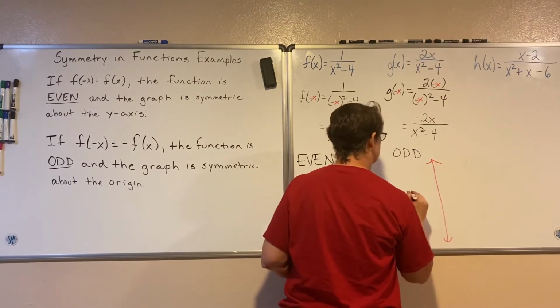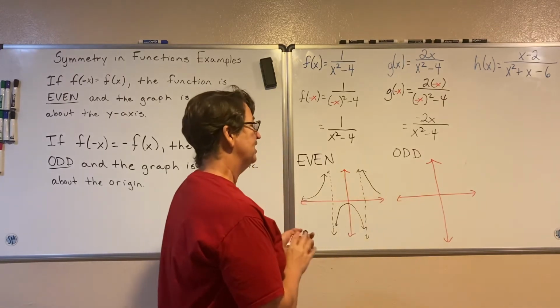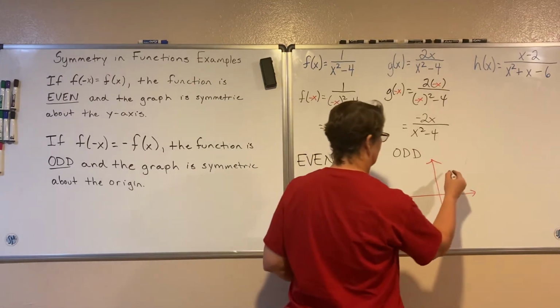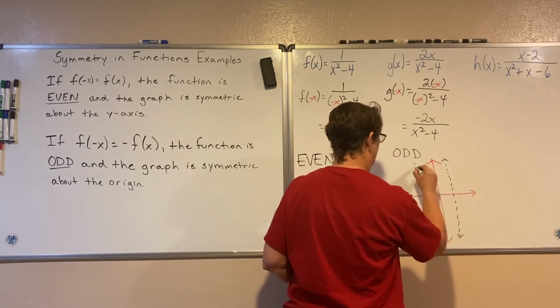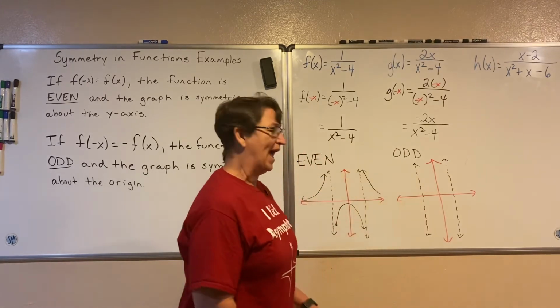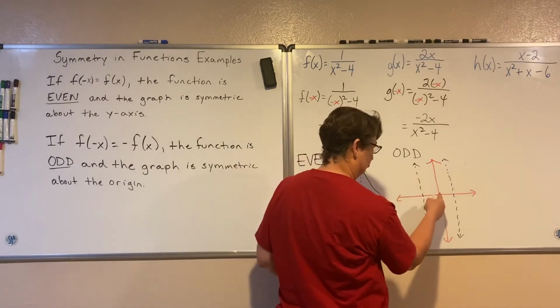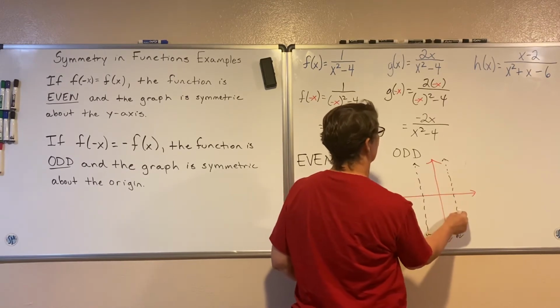So if we look at a sketch of this graph, just a rough sketch, it would look something like this, where again I would have asymptotes here and I would have asymptotes there, so that it looks like, you know, maybe I'm folding on the y-axis, but really if I fold on this origin, this piece would end up over there and this piece would end up over there.